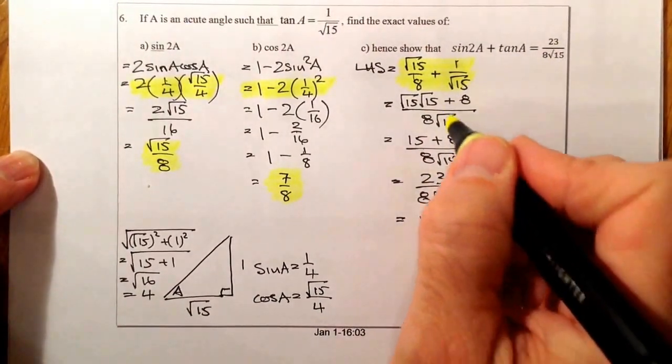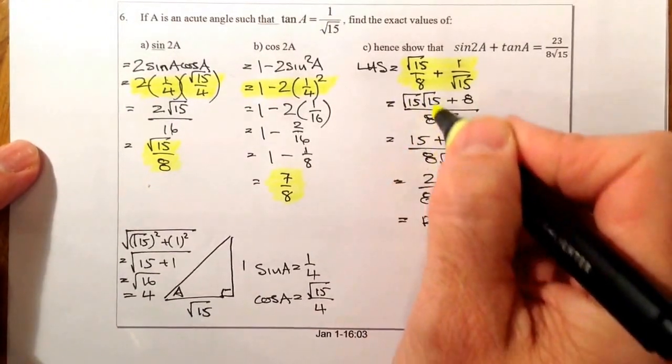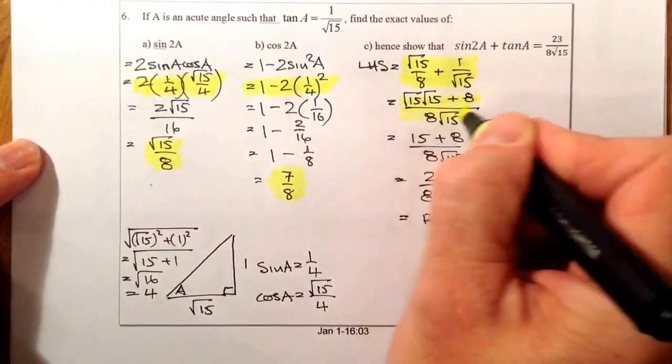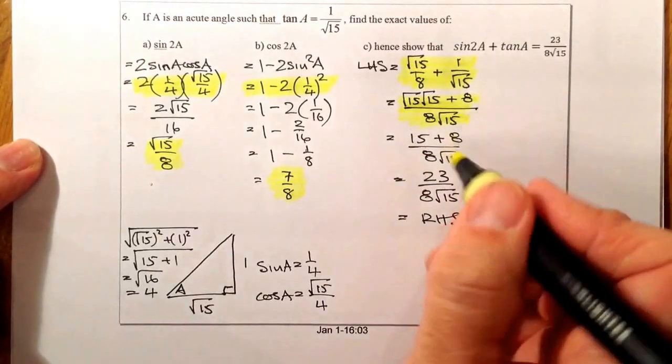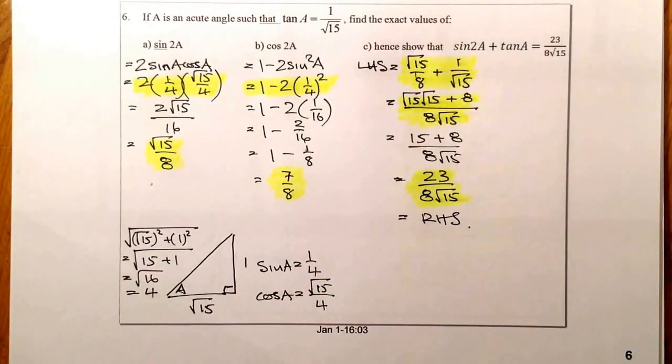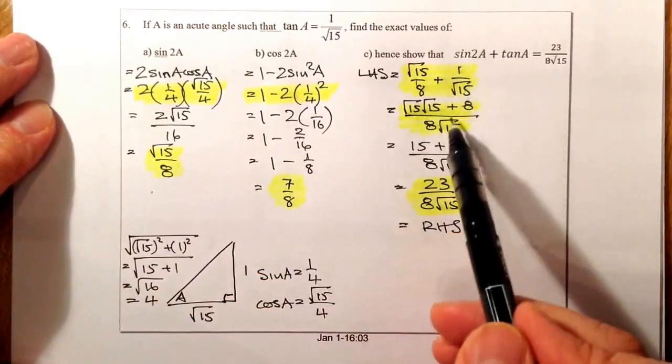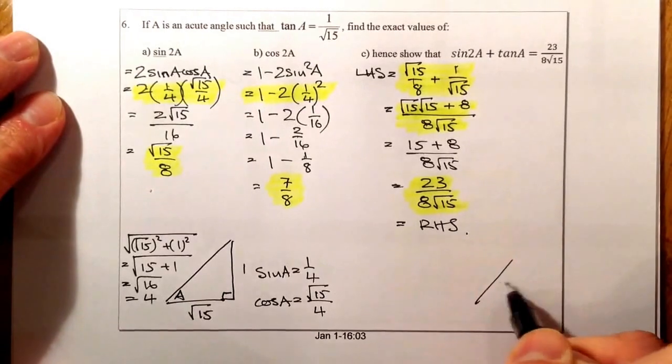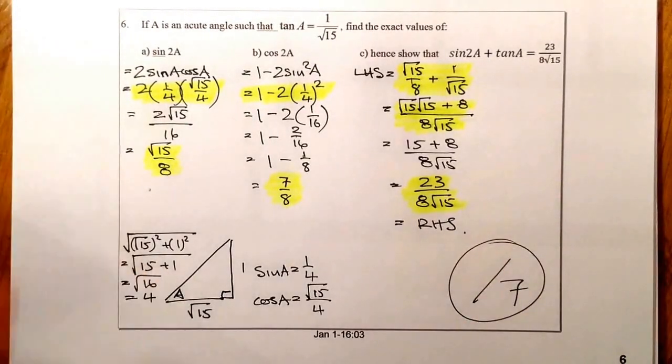I'll look for 1 mark for either this part or this part, so I'll just go for this one here. And finally, 1 mark for getting the right hand side there correct. So again, 1, 2, 3, 4, 5, 6, 7 marks. So that's out of 7.